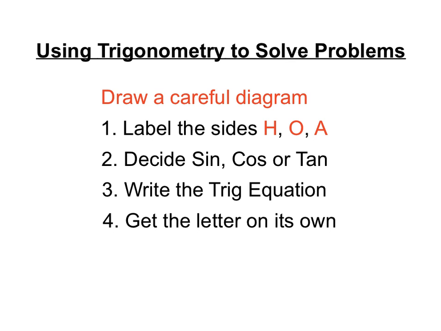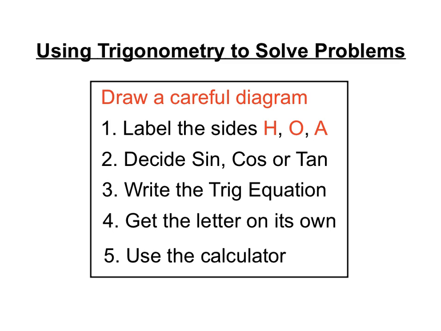And then we got the letter on its own. Most of the time we'd multiply to get the letter on its own, but there was a situation where we did a bit of swapping and dividing instead. Then we used our calculator to finalize our answer. So those steps are pretty similar to normal finding of sides and angles, but it just means that our answer in real-world problems means something.